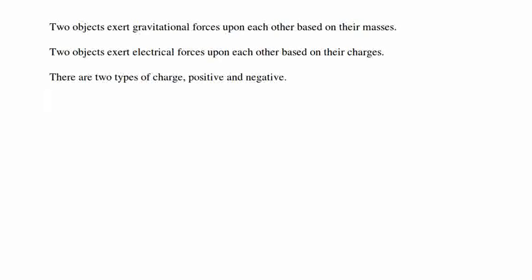However, that's not the case with charge. You can have different types. We will denote a quantity of the positive type by a positive number, and a quantity of the negative type by a negative number.